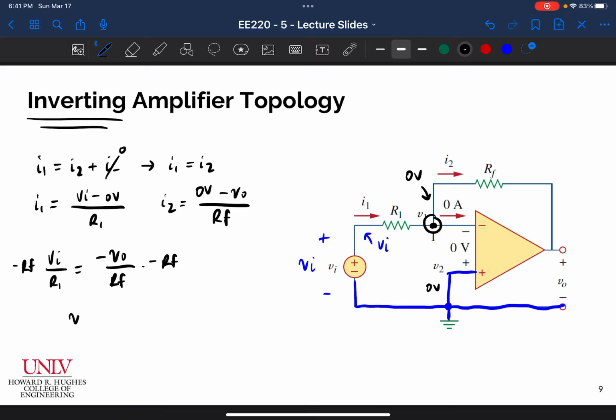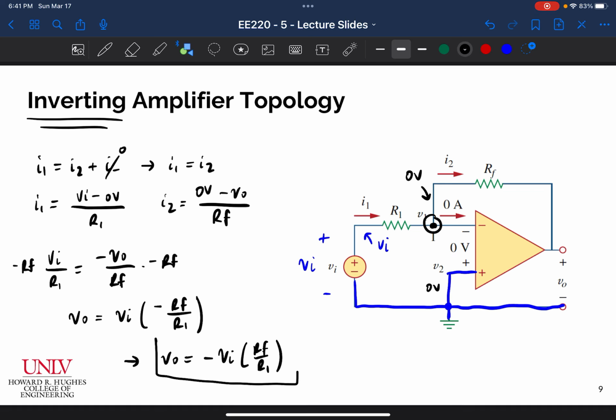And what do I get? I get that V out is equal to V in multiplied by minus RF over R1. And that can be rewritten as V out is equal to negative V in times RF over R1. And that right there is the expression for every inverting amplifier topology circuit.